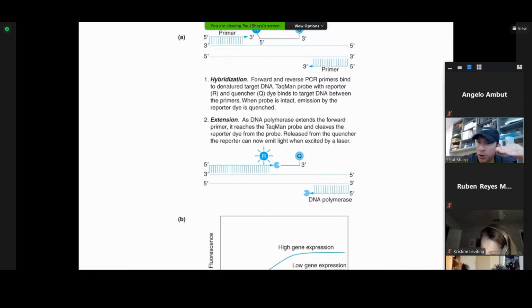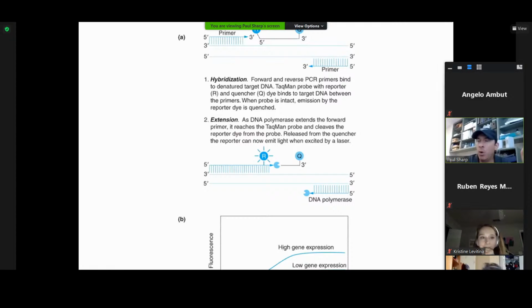So below the red line is background noise. But once you pass that red line that we call the threshold, then we say, okay, we've got enough fluorescence that what we're seeing is legit, not just background noise.